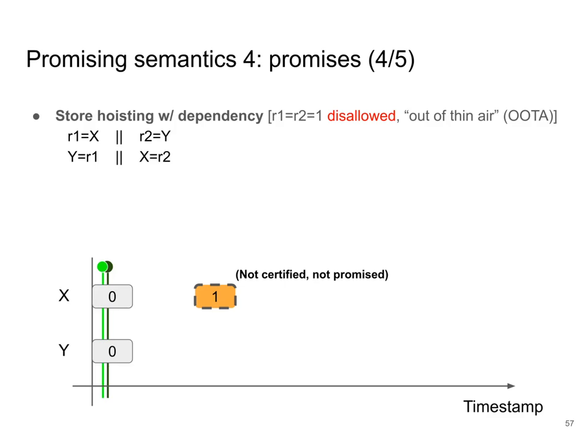So this is not certified, and as a result, x equals 1 is not promised. In other words, x equals 1 cannot be hoisted across the earlier instruction. And that's the reason why the behavior in question cannot happen in this example, in this promising semantics.